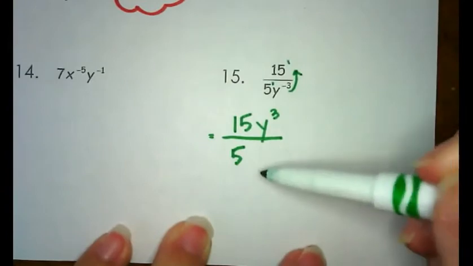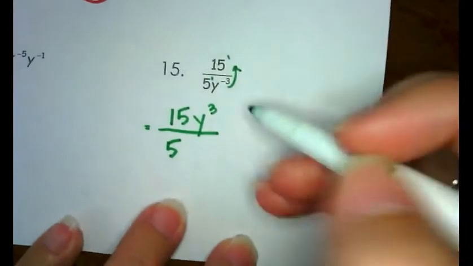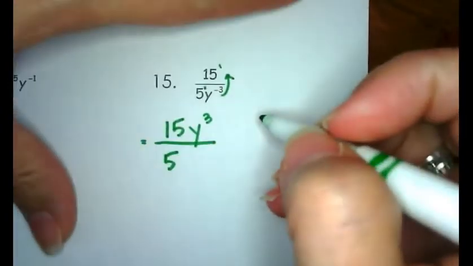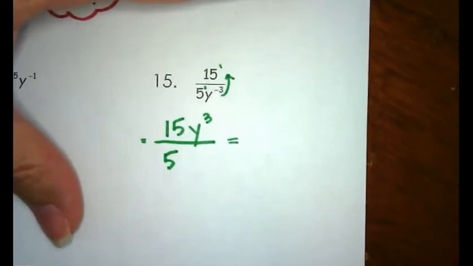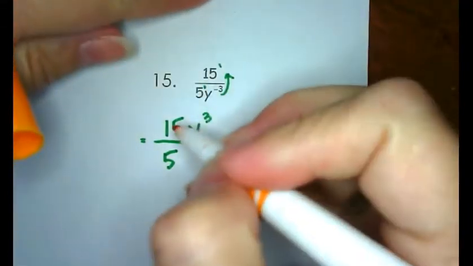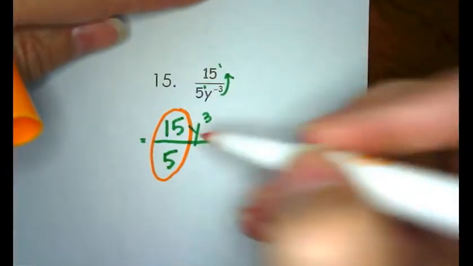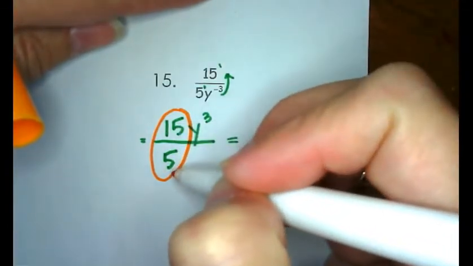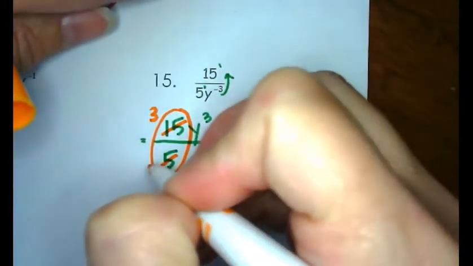All right, now, at this point, on all of the other ones, we would be finished. But there's one more thing that we can do for this problem to make our answer even better. And I'm hoping that you're thinking what I'm thinking, which is that this fraction right here can be reduced. So 15 over 5 would be the same as 3 over 1.